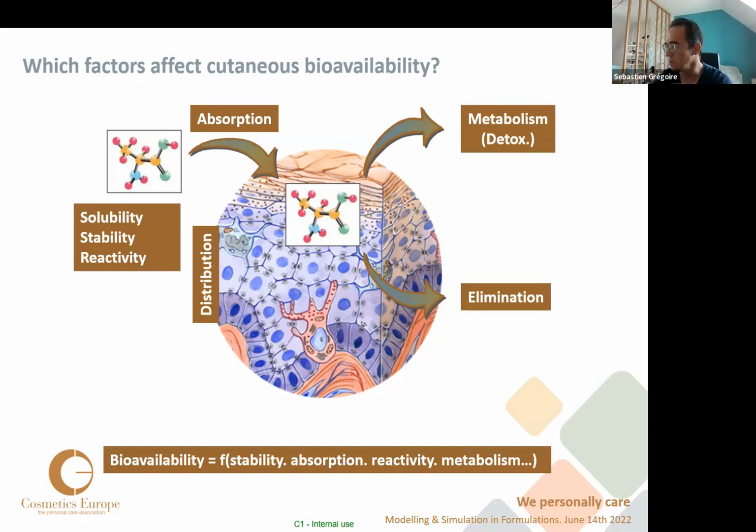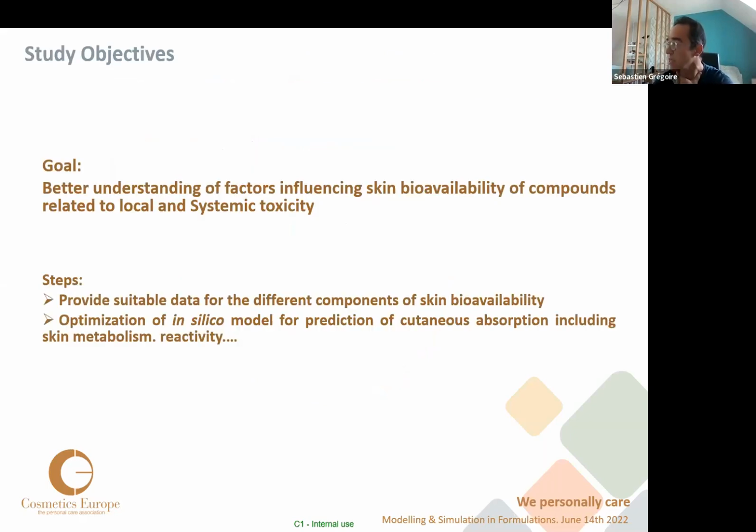So as you can see, the bioavailability is quite a complex process, and the aim of the task force was to evaluate the different factors affecting the skin bioavailability, related to local toxicity, which is mainly about tolerance and sensitization, or to systemic toxicity.